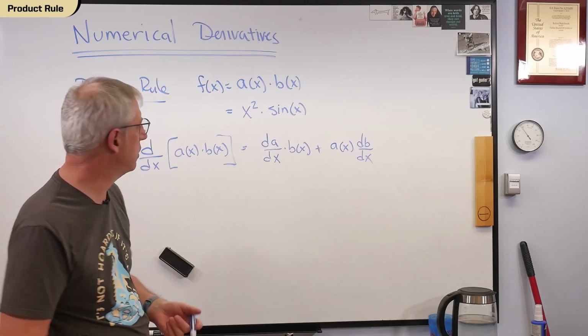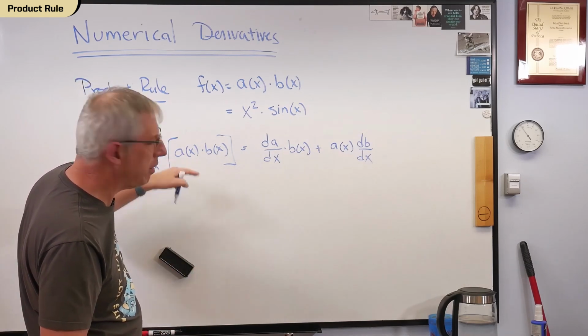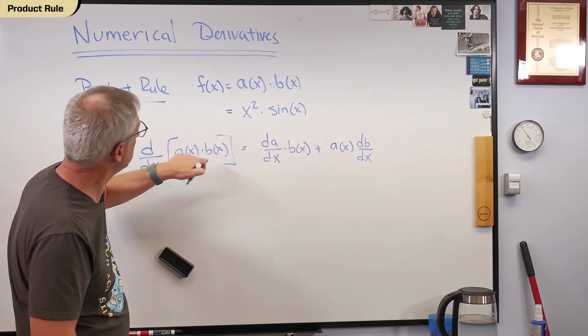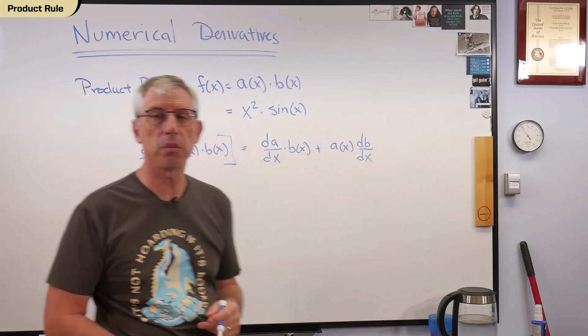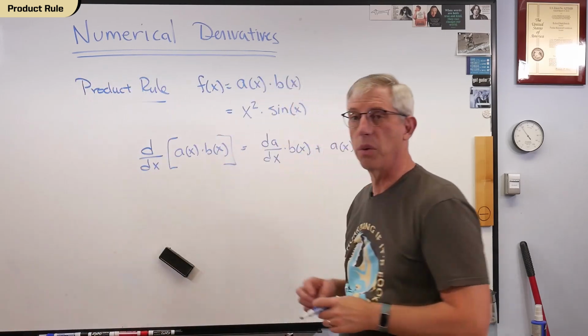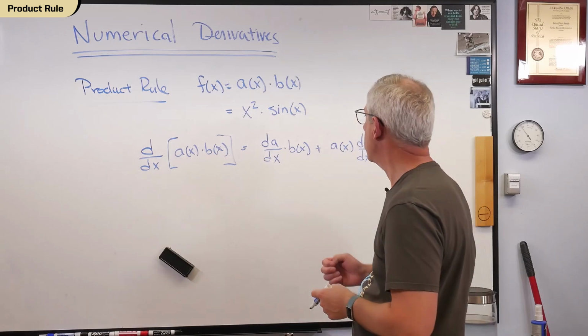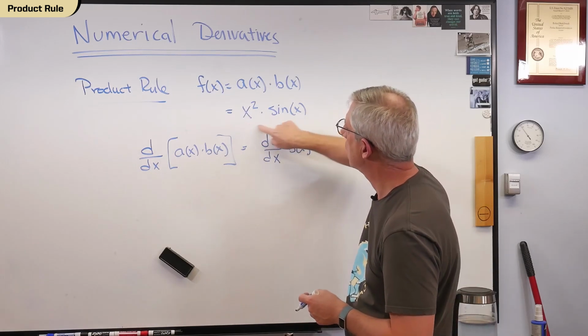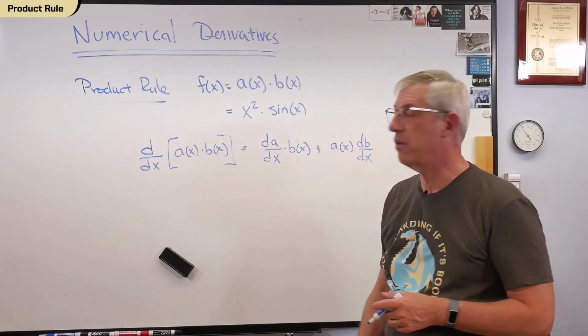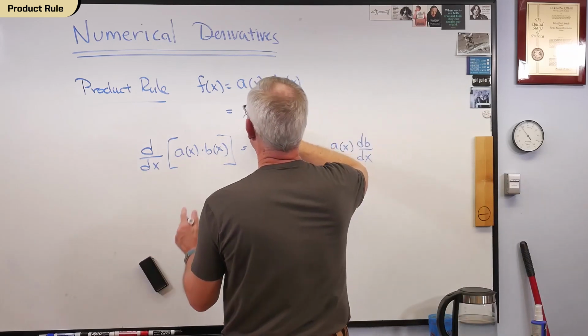Well, how do we know this? Well, because somebody, a long time ago, plugged a of x times b of x into the expression for the derivative, and this is what came out. So in practice, how do we calculate with this? Well, let's find the derivative of that. Okay, derivative of the first times the second.